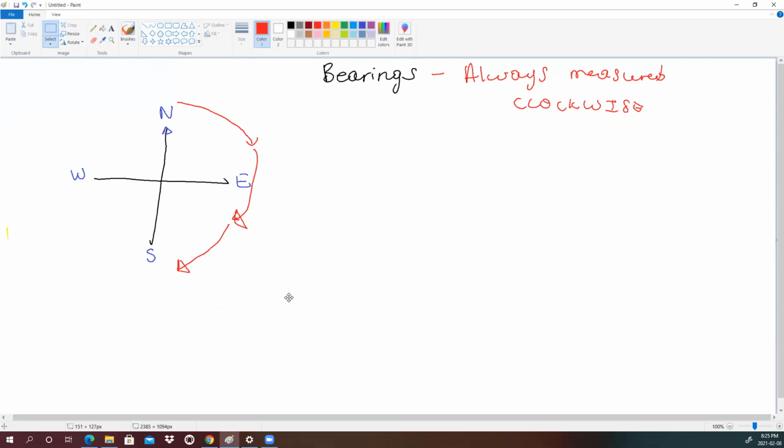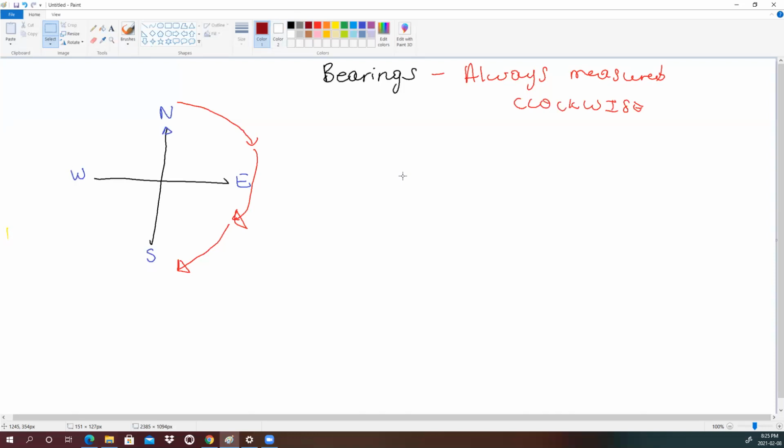So the other thing is that bearings are always given in the context of a north line. Whenever you get a question with a bearing and it says this is the bearing of P, it is always from north.